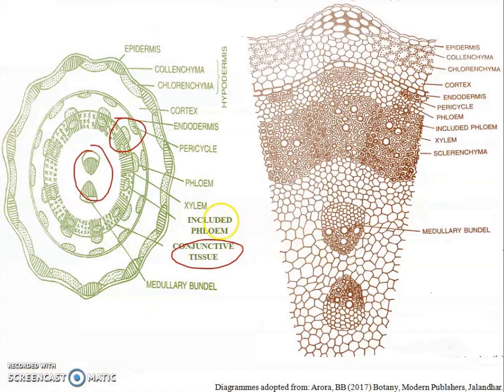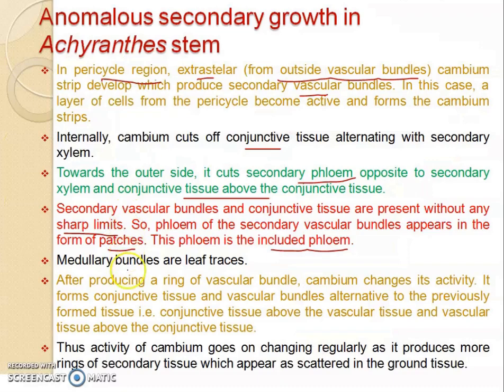Here in this case, included phloem is formed because these are the patches of the phloem which are formed in between the xylem. So intraxylary phloem is found in this case, which is also an abnormal behavior or anomalous structure. Medullary bundles remain leaf traces, because no secondary growth takes place in these medullary bundles.